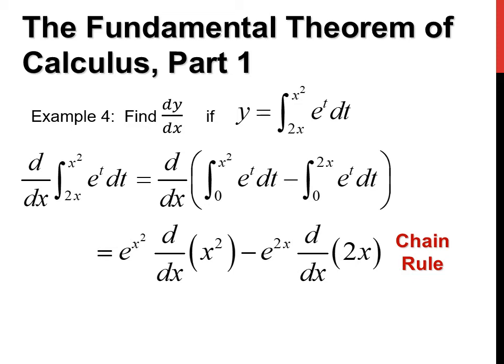That changes e to the power of t into e to the power of 2x, and we have to apply the chain rule in differentiating 2x. That gives us e to the power of x squared, and the derivative of x squared is 2x. That multiplies to give you 2x times e to the power of x squared, minus the derivative of 2x, which is equal to 2. 2 times e to the power of 2x is just 2e to the power of 2x.